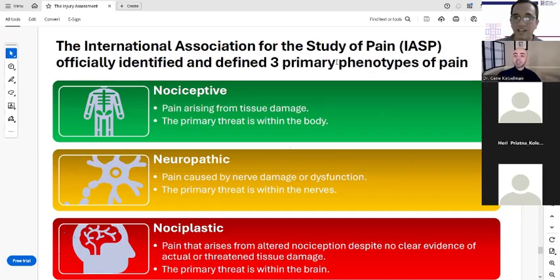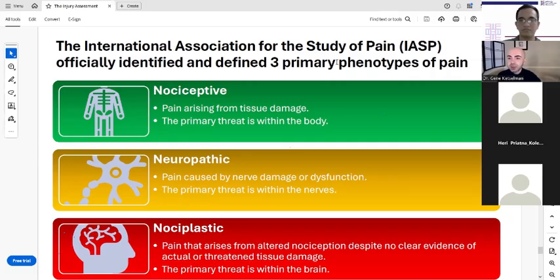Central sensitization falls within nociplastic pain. There are different types of nociplastic pain, and that would be an example. If somebody has central sensitization, that is a type of nociplastic pain. Does that answer the question?